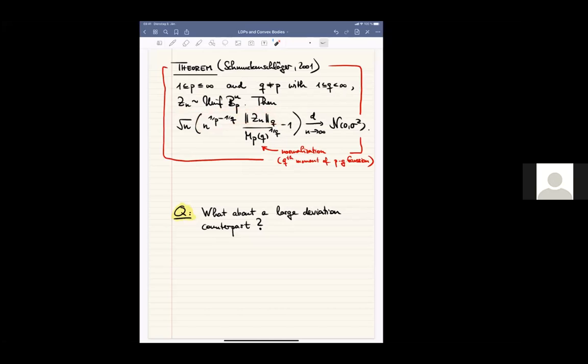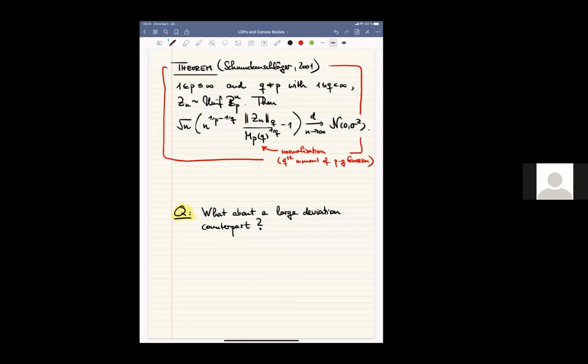So you have convergence in distribution to some Gaussian random variable. This is just the qth moment of a p-generalized Gaussian. So this is a central limit theorem that we have. And now we can ask the question, what about a large deviation counterpart to this CLT? And this is what we're going to prove today.